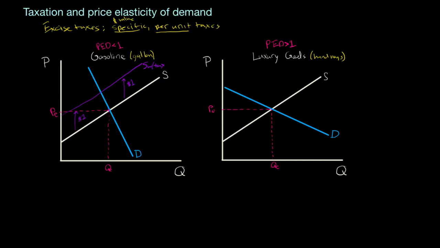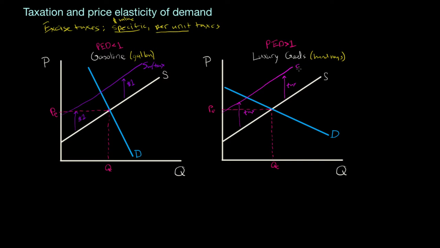In the market for luxury handbags, if a tax is imposed, it will likewise shift the supply curve upwards by the amount of the tax. So at every quantity that producers sell, they must pay the government the amount of tax times the quantity that they're selling. So the supply curve will shift up for luxury handbags.